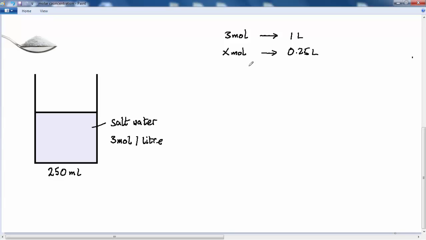Rule of 3: 1 times x equals 3 times 0.25. That's cross multiplying, and that gives us x equals 0.75 moles. So the first thing is I need to add 0.75 moles of salt to that beaker of water, but I need to know how many grams 0.75 moles of salt is.